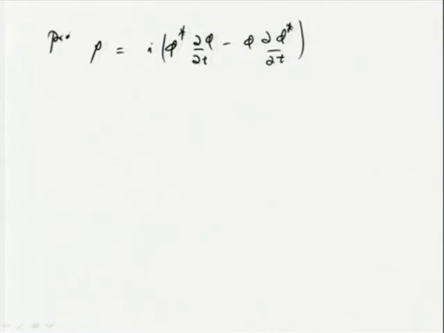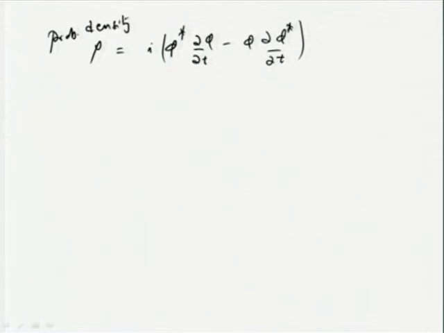All right. Now, we have the expression for rho equal to i phi star time derivative of phi minus phi time derivative of phi star. This is the probability density.